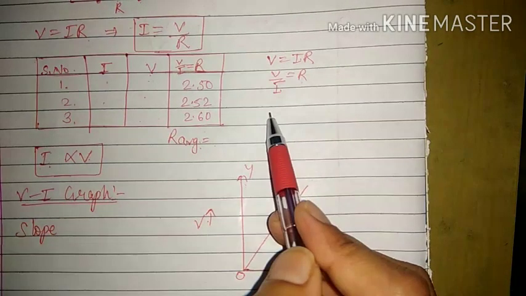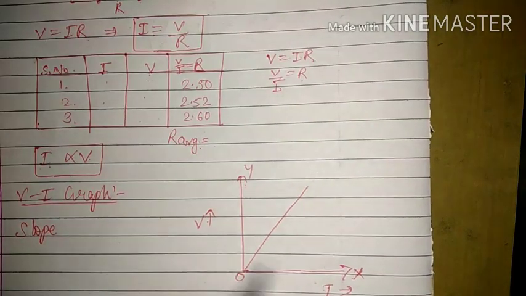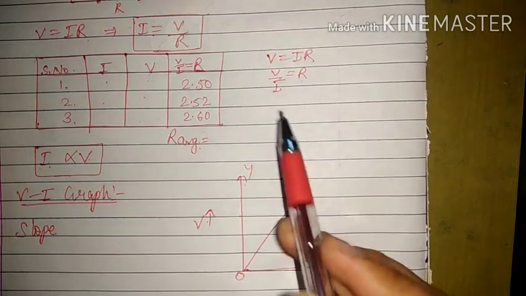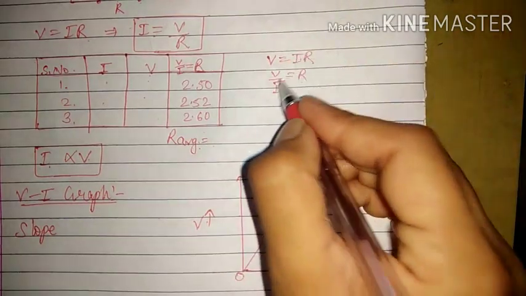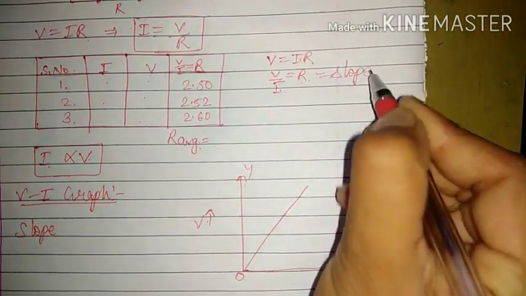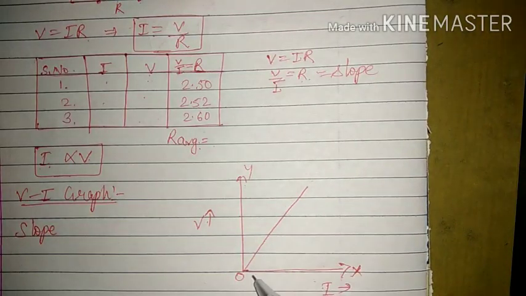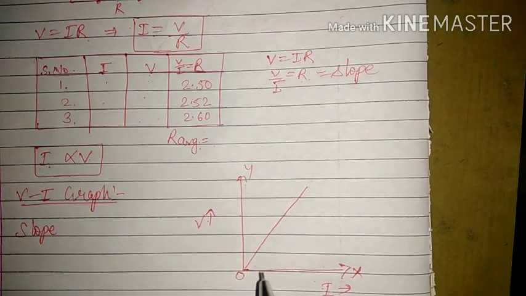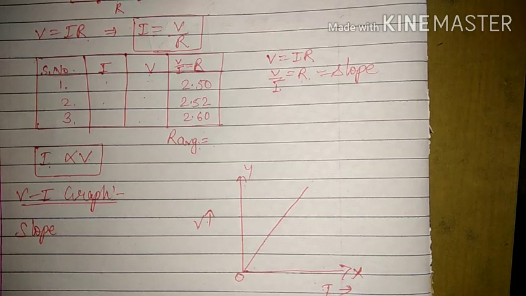We have two quantities and now we have the graph of both the quantities. If we want to calculate the ratio, then that ratio will be equal to resistance, and that will be found by finding the slope of the given graph. So here we have to find the slope.